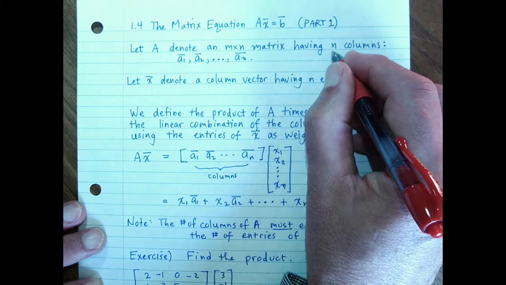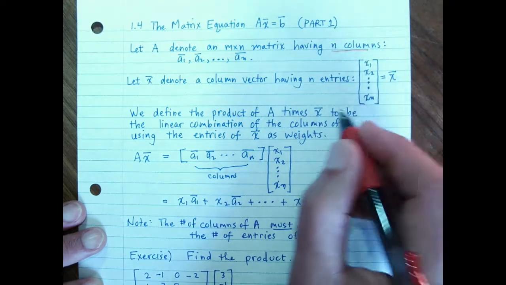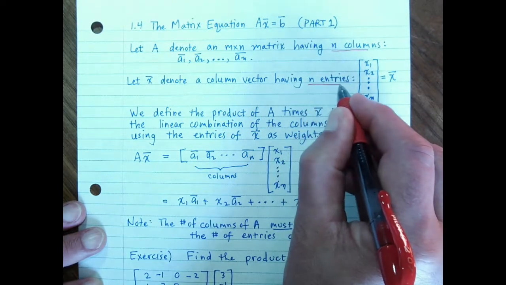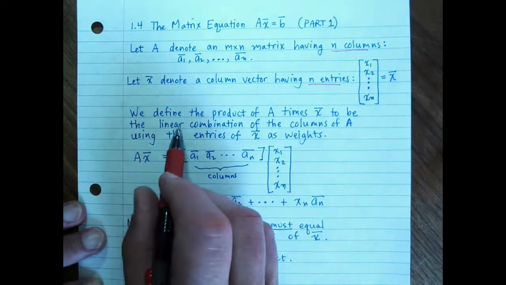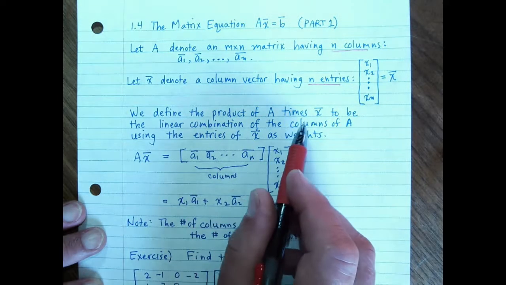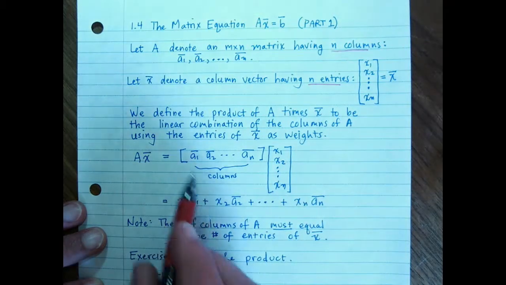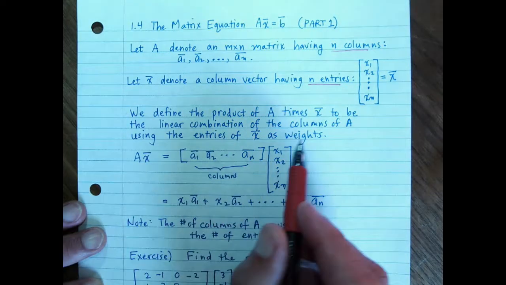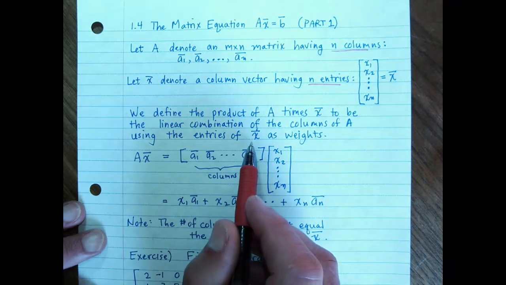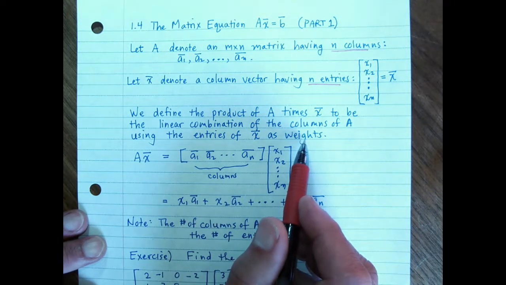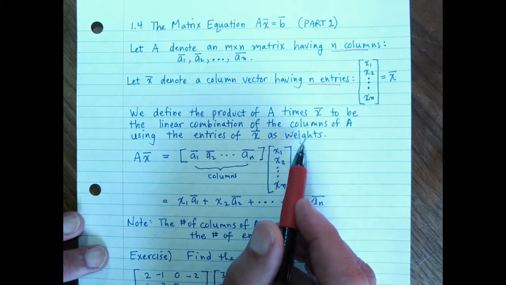Notice that the number of columns of the matrix matches the number of entries of the vector x. We define the product of A times x to be the linear combination of the columns of A using the entries of x as weights. So let's talk about what this means.